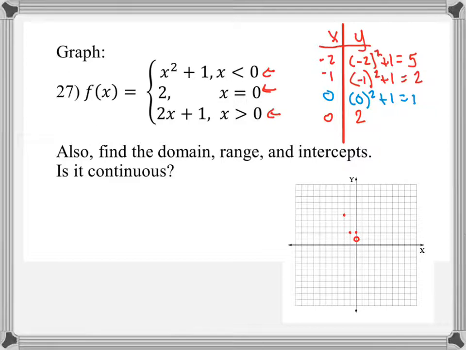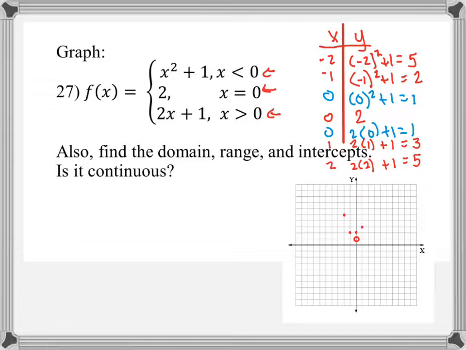Let's look at the third part of our definition, for x values greater than 0. So we will look at the boundary point at 0. I'm putting it in blue because we're not really including this point. But when x equals 0, y is 2 times 0 plus 1, or 1. Okay, then we'll look at x is 1, 2 times 1 plus 1, which is 3. We'll look at x is 2, 2 times 2 plus 1, which is 5. Let's plot.